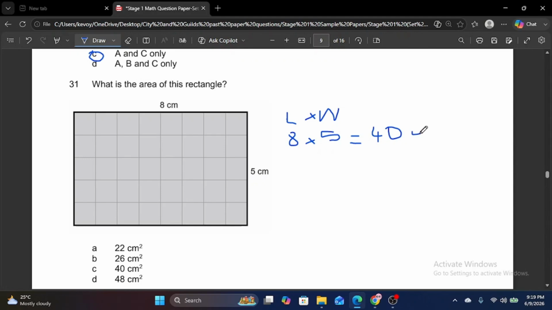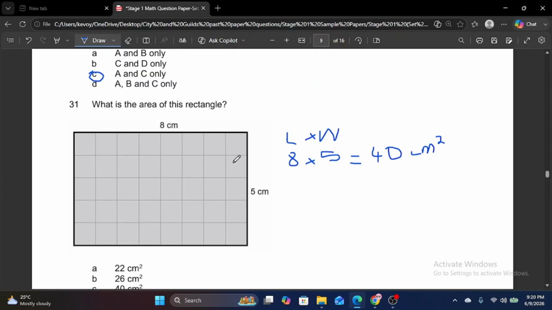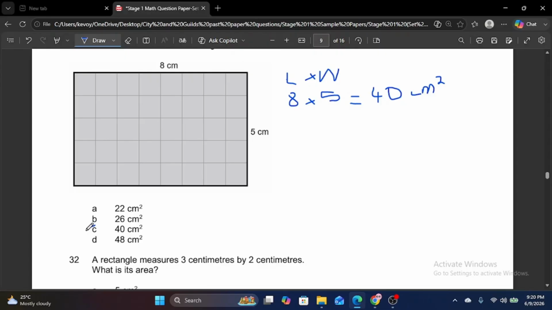So 40 centimeters squared. So that's going to be your area: 40 centimeters squared.